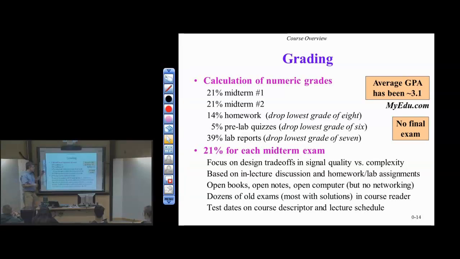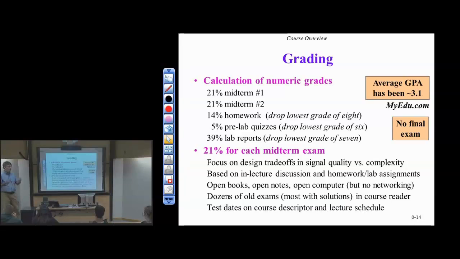Now, the good news is that in 3 of the cases, you get to drop the lowest assignment. So this means that if something comes up, okay, you get to drop one homework. You get to drop one of the pre-lab quizzes. There are 6 of them. You get to drop one of the lab reports. There are 7 of them. So this accounts for other things that can happen, whether it's excused or not.